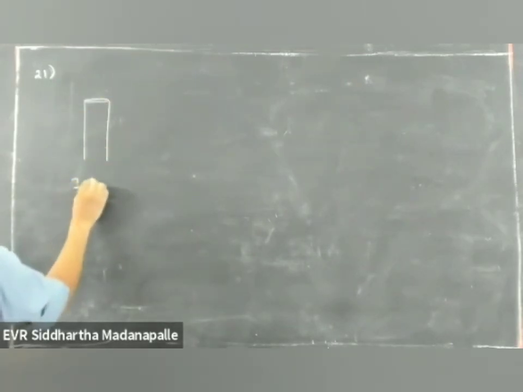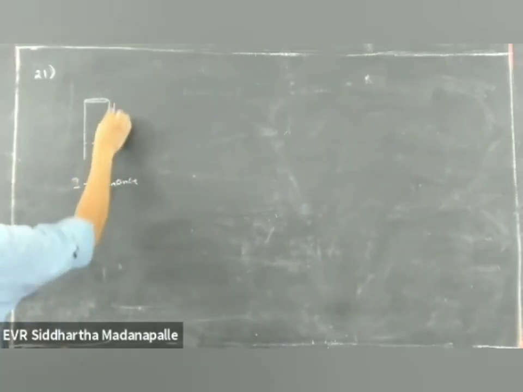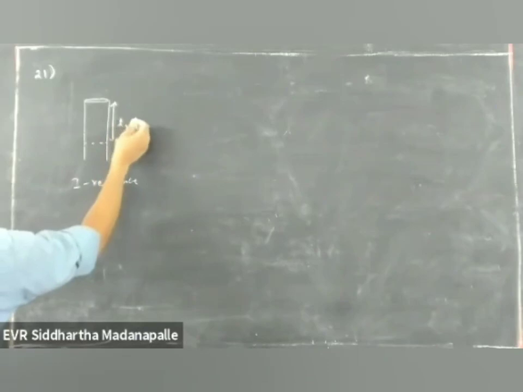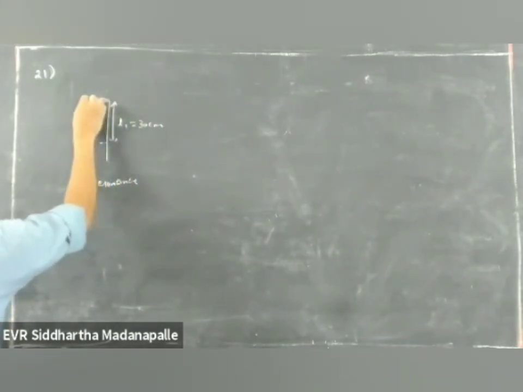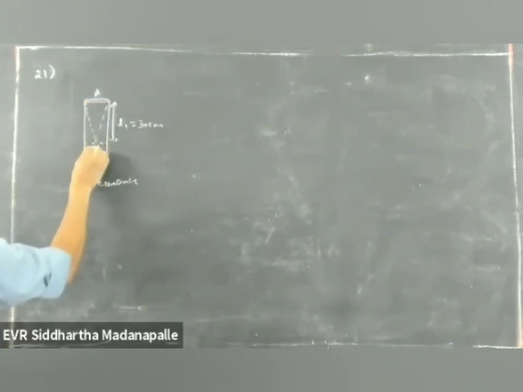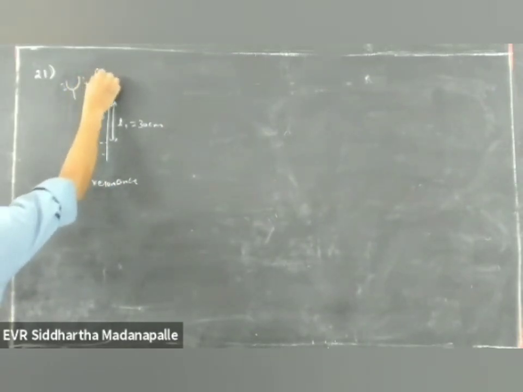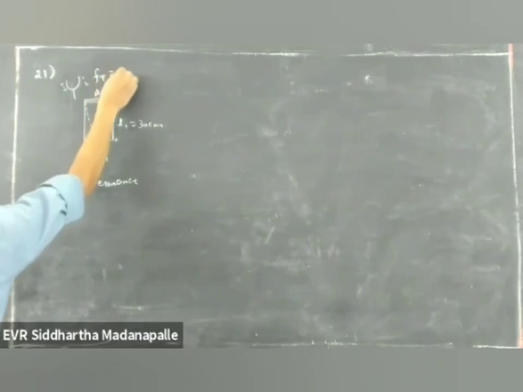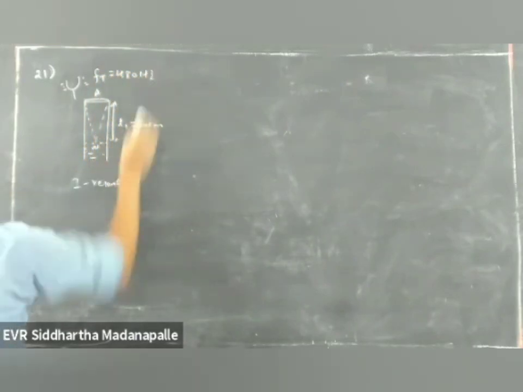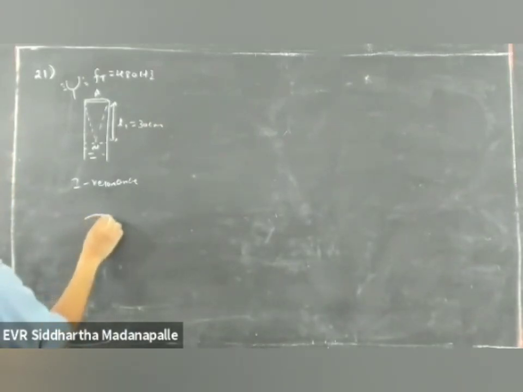So at first resonance, the length of the air column L1 given is equal to 30 centimeter. Take node and antinode form. This is antinode, this is node here, and the tuning fork frequency is 480 Hz. Okay, and here in the second resonance, successive resonance.